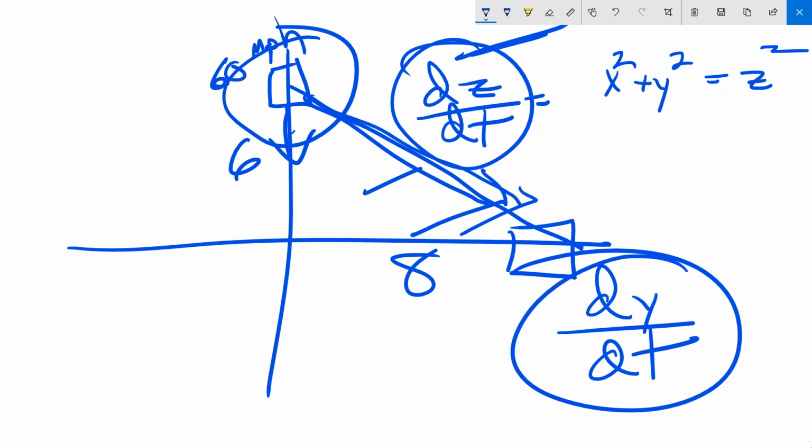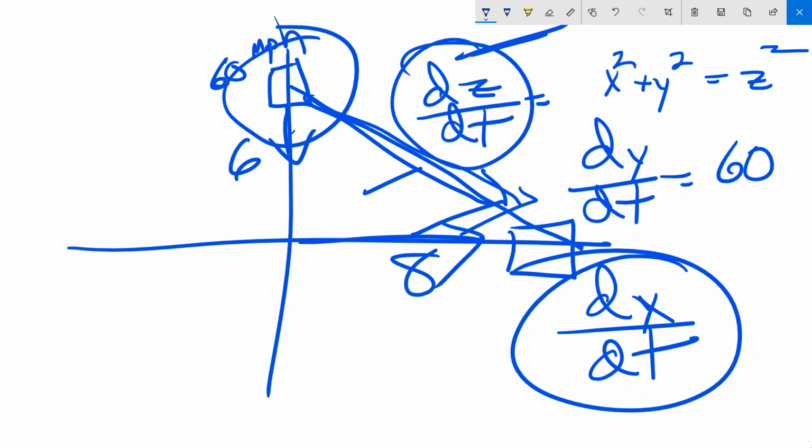Excuse me, dx dt. It's horizontal. This would be dy dt would be 60, negative because it's heading down. If the cop car was going 60 miles an hour, you know what dy dt is. You're trying to figure out the robber's car, that's dx dt.